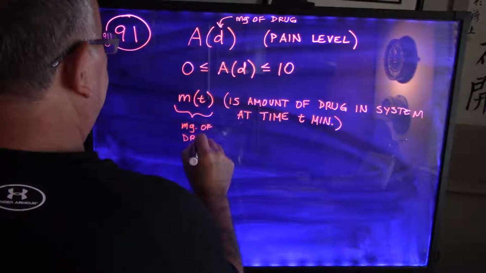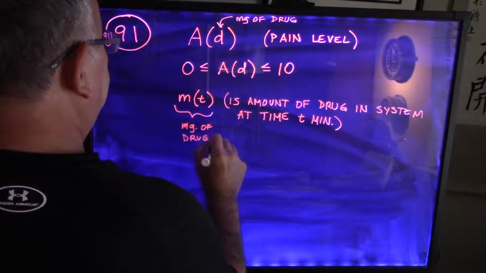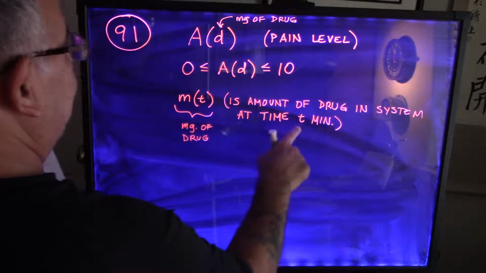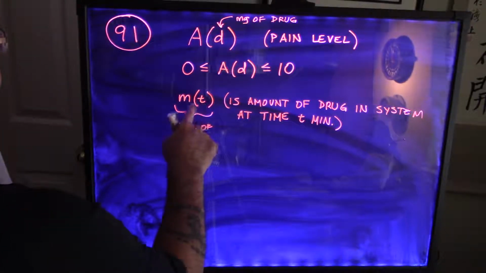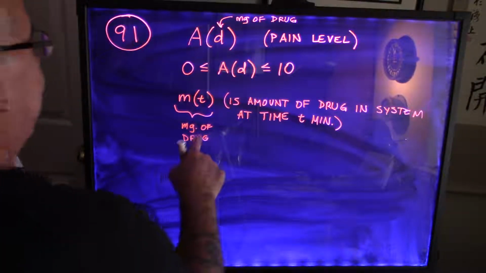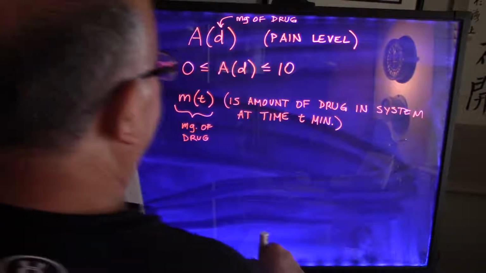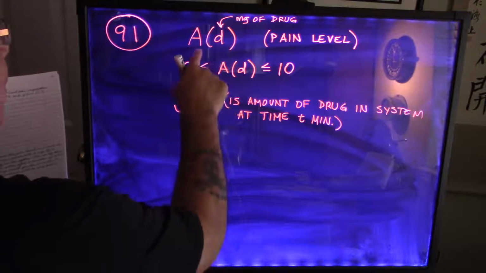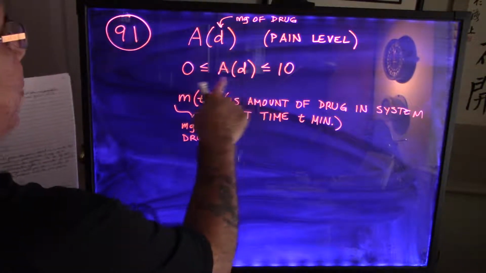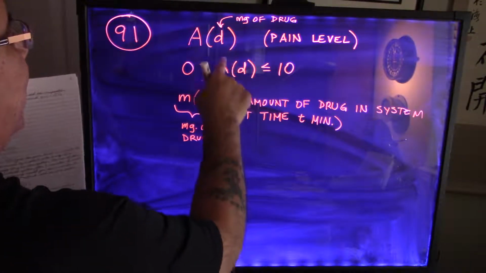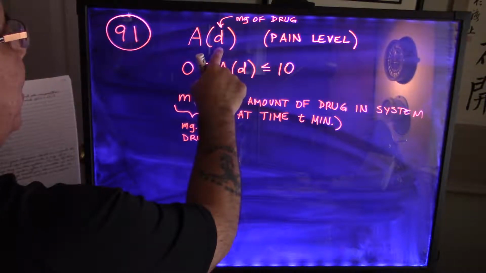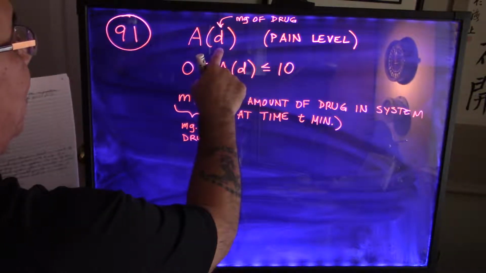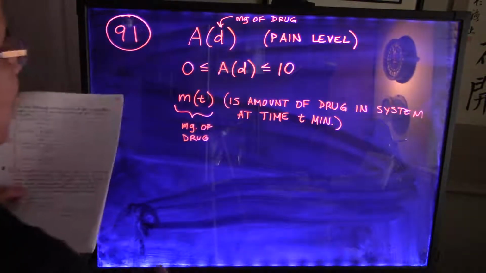Now T is not milligrams, it's time in minutes. M of T will give you the milligrams of the drug in the system when the time is T. And capital A gives you the pain level between 0 and 10, depending on how many milligrams of drug, whatever this drug is, are in the person's system.